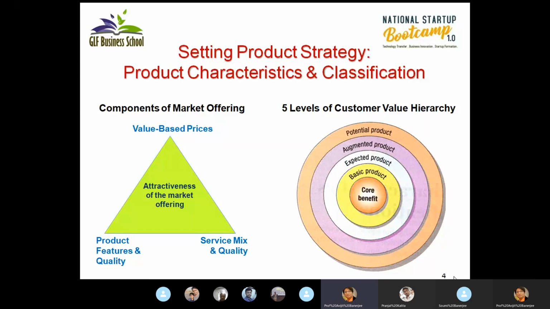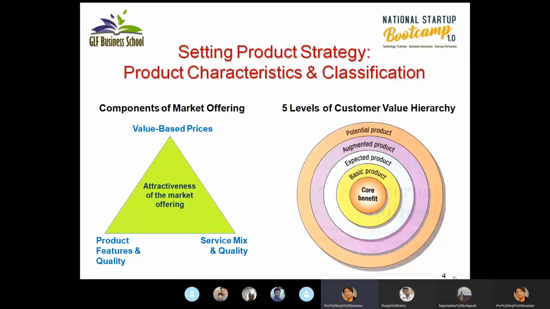At the fourth level, the marketer prepares an augmented product that exceeds customer expectations. In all developed countries, brand positioning and competition takes place at this level. In developing and emerging markets, this type of competition takes place mostly at the expected product level.